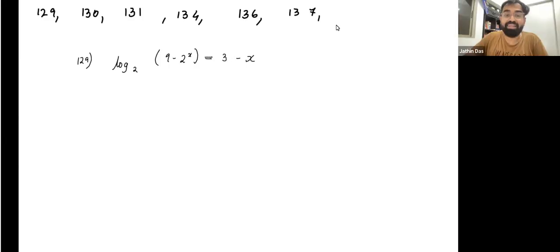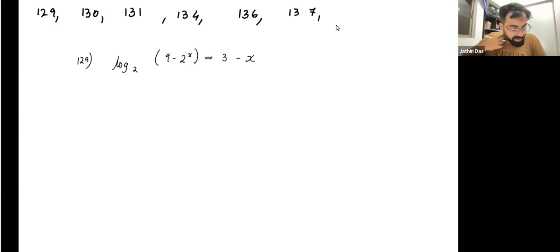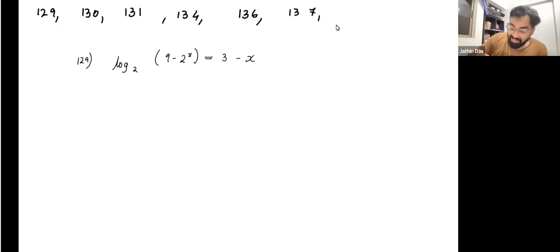Hey, it's equality, not inequality. Oh. So अभी तक you thought it was inequality. That's what I was thinking. What happened to you? होता है कभी कभी हो जाता है.